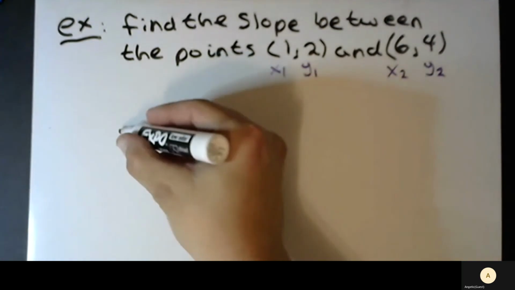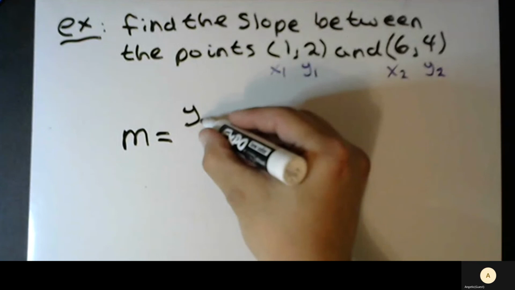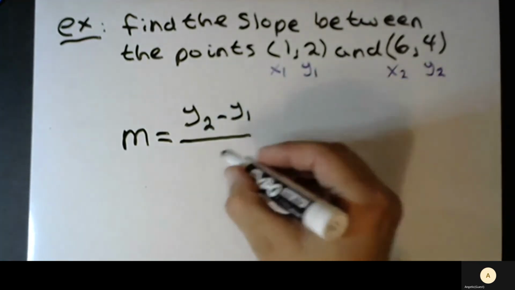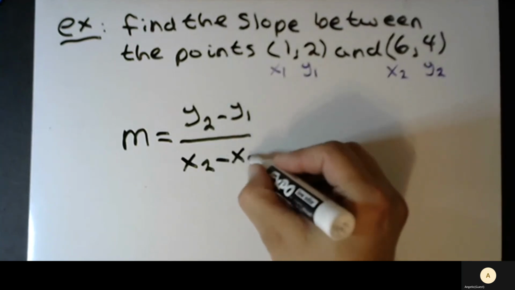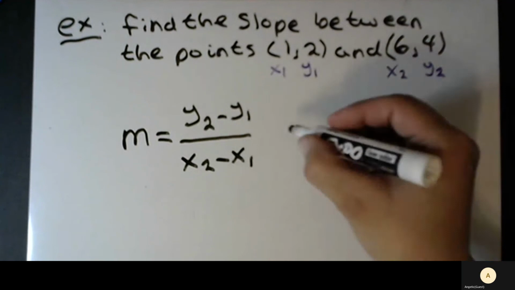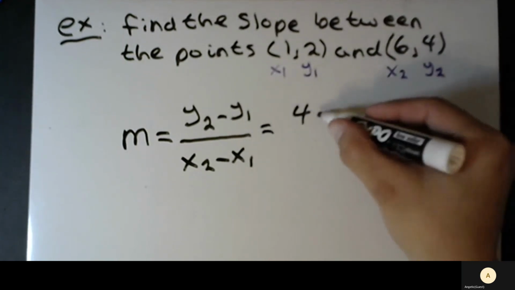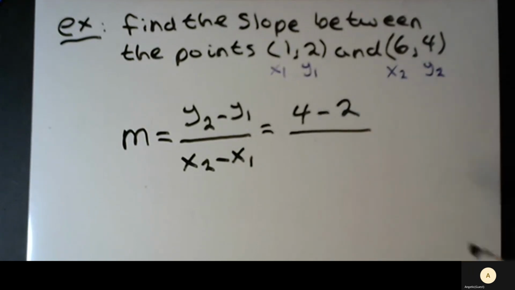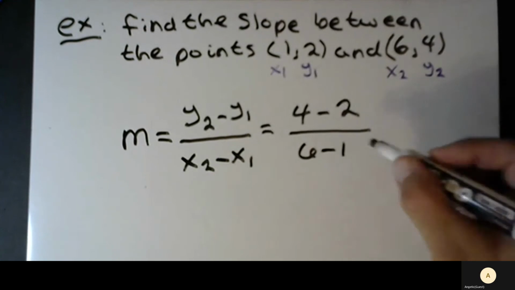So to compute the slope, we use this formula. It's always going to be y2 minus y1 over x2 minus x1. And so what we'll get is 4 minus 2 over 6 minus 1.